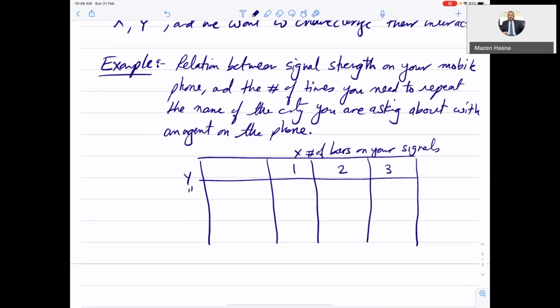Y is the number of times you repeat the city name, and this can be 4, 3, 2, 1.